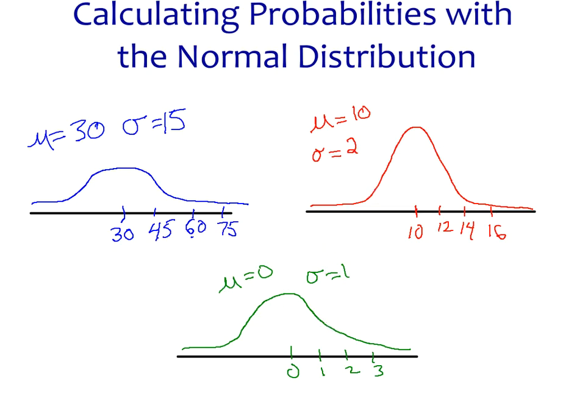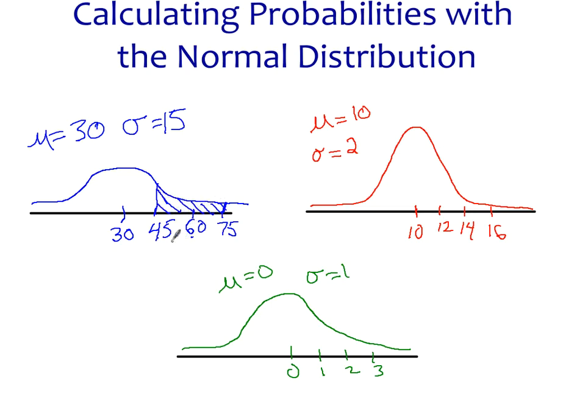Let's say I wanted to calculate the probability that x here lies between 45 and 75. Now, I haven't told you how to do this yet. I mean, we know to integrate, but I haven't told you specifically how we'll do that yet. But I want this area, right?